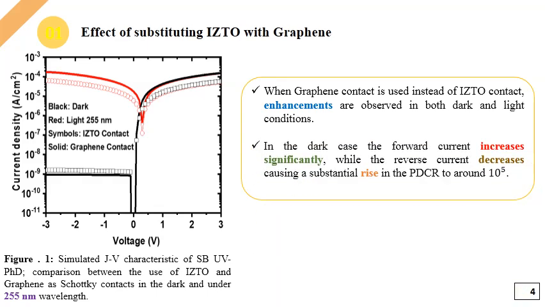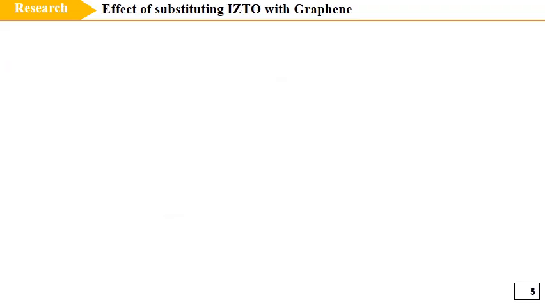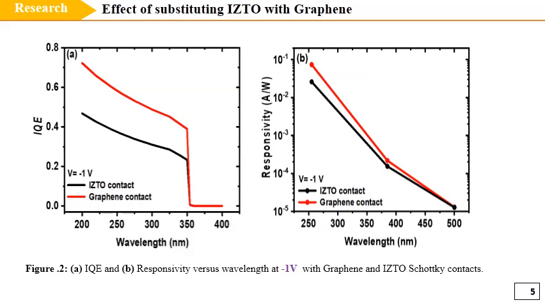In the dark case, the forward current increases significantly while the reverse current decreases, causing a substantial rise in the PDCR to around 10^5.